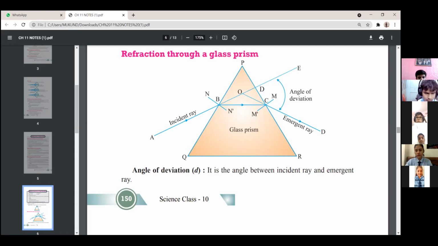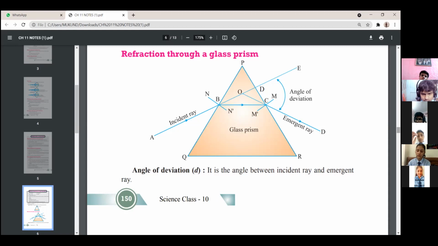So the ray which is incident on the glass prism is known as the incident ray. The ray which bends towards the normal inside the glass prism is known as the refracted ray, and the ray which emerges out of the glass prism from the face PR is known as the emergent ray.